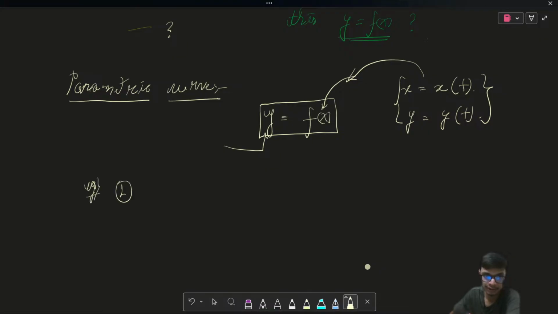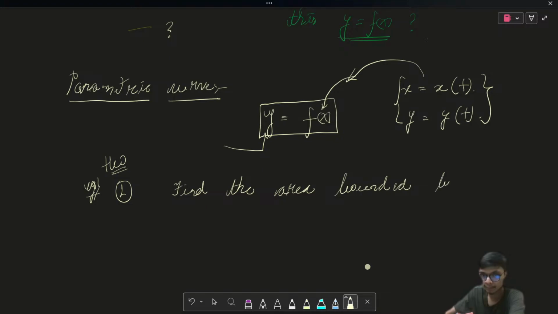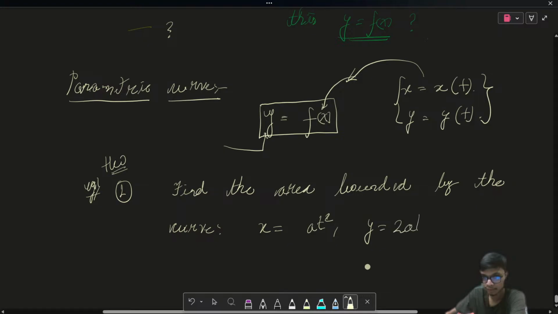please try to solve this question as a homework problem. Find the area bounded by the curve x equals 2at squared and y equals 2at.